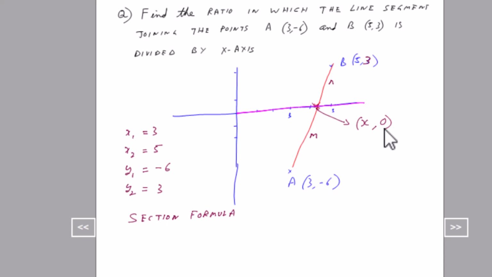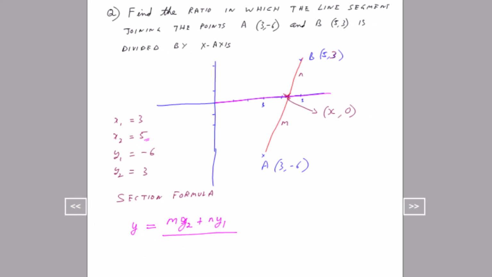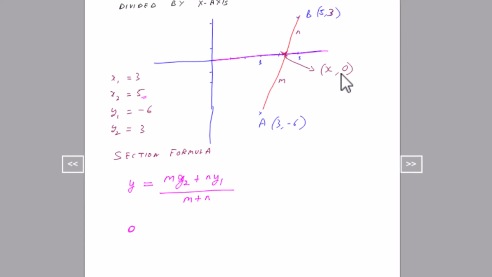So using the section formula, if I use the y coordinate value, it will be y equal to (m y2 plus n y1) divided by (m plus n). And the value of y that we have here is 0. So 0 is equal to m, and what is y2? It is 3.